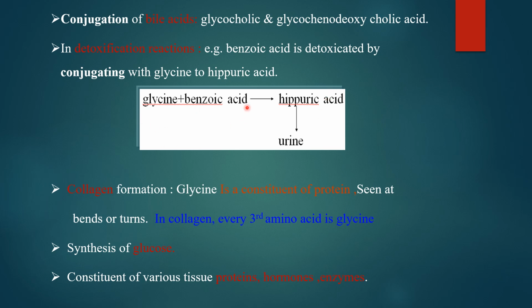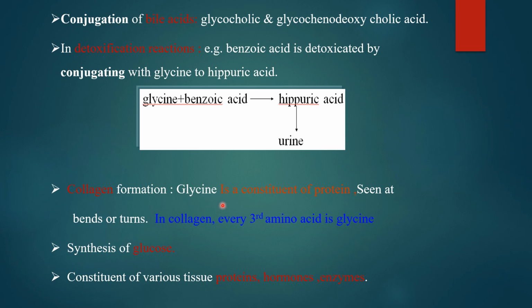For instance, glycine can be used to remove benzoic acid in the biological system. It is converted to hippuric acid and excreted in the urine.